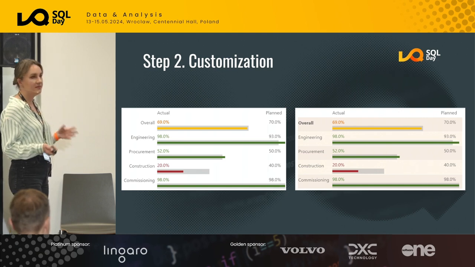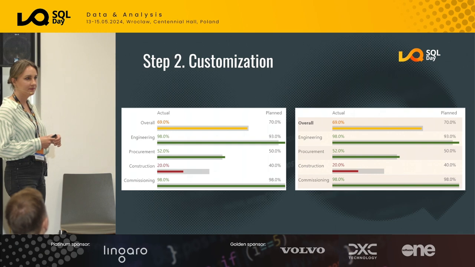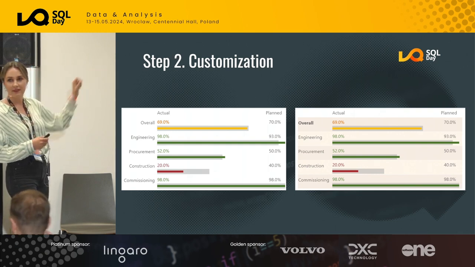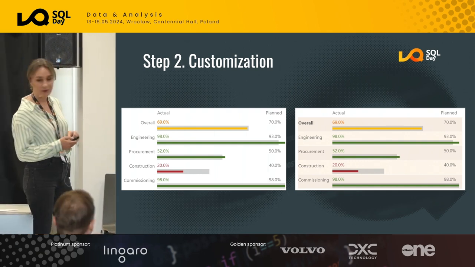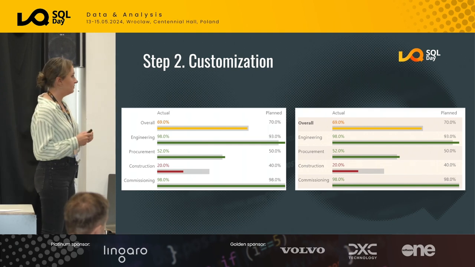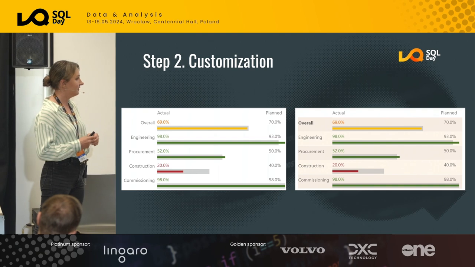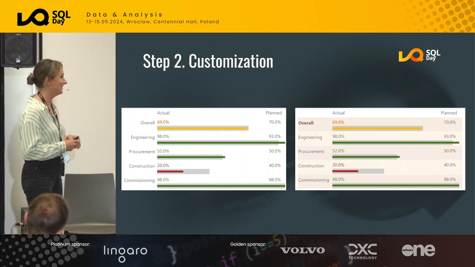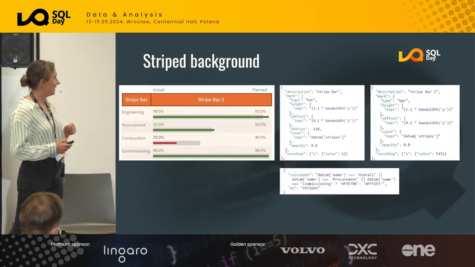But I don't know, maybe anyone has an idea how it could be created. The stripes in the background. Okay, I didn't expect anyone. I would be really upset if anyone would say the correct answer here, because it cost me probably a week of thinking, maybe less.